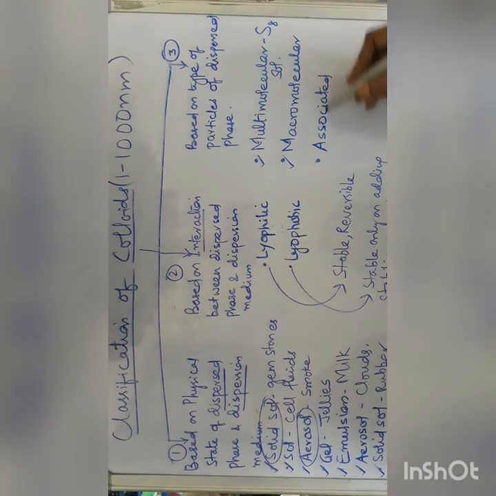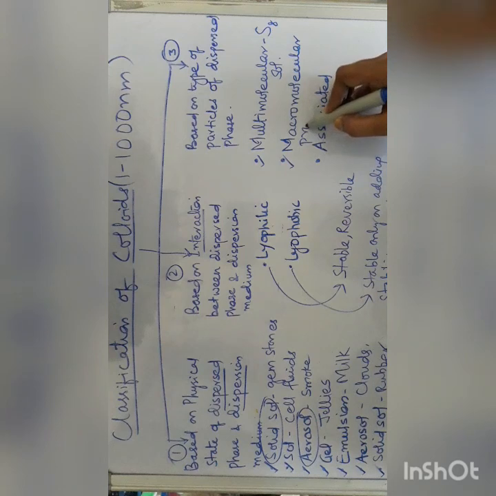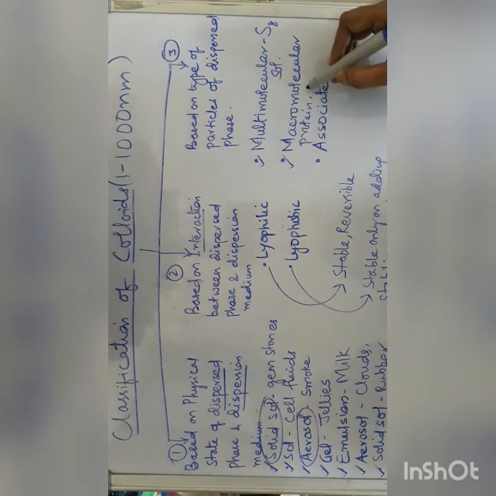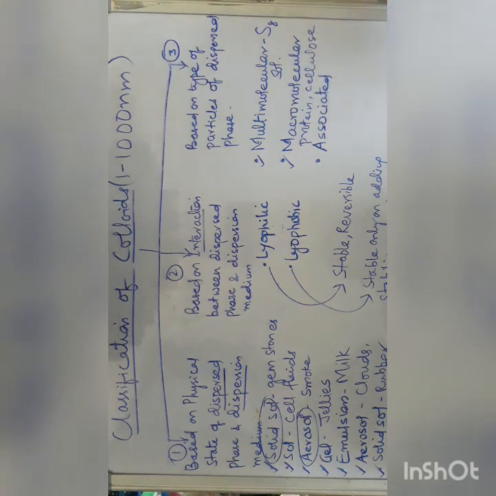So the colloids of protein, then colloid of cellulose, they come under the example of macromolecular colloid. All polymers also will come under macromolecular colloid. Now the third type, that is associated colloid.